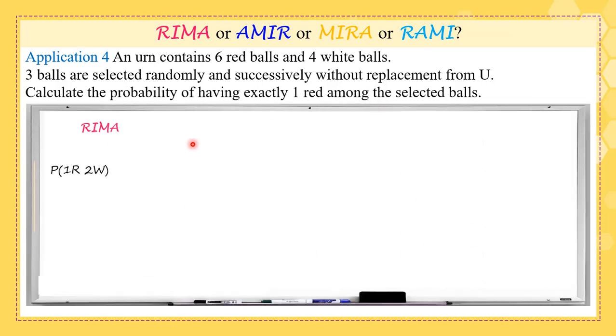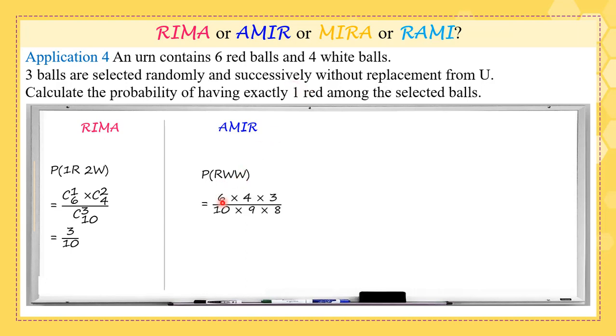Rima said that we need the probability of 1 red 2W. This is a combination and the answer is 3/10. Amir said that we need the probability of red WW because we need exactly 1 red. And this is 6 times 4 times 3 over 10, 9, 8, which is 1/10.